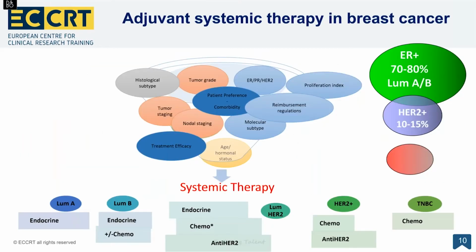And this is an example of breast cancer. They have put all the things in the same basket: what is the histological subtype? What is the tumor grade? What are the mutations? Is this patient HER2 positive? What are the hormone types? Is this estrogen receptor positive? What is the proliferation?